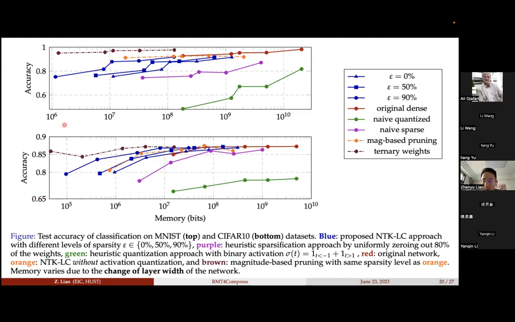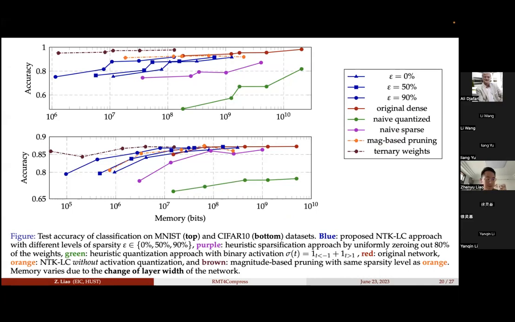We compare the proposed methods, those in blue and also this one in brown, to very popularly used methods based on, for example, naive quantization or magnitude pruning. We show that our proposed method works pretty well on real-world data on deep neural networks.